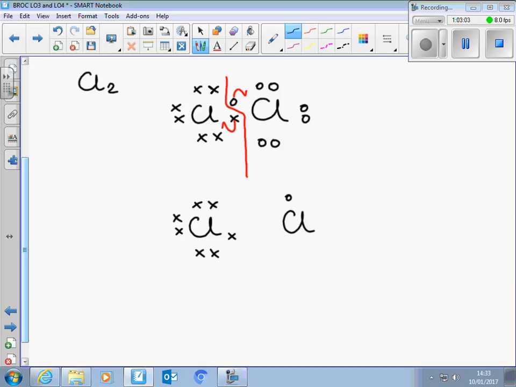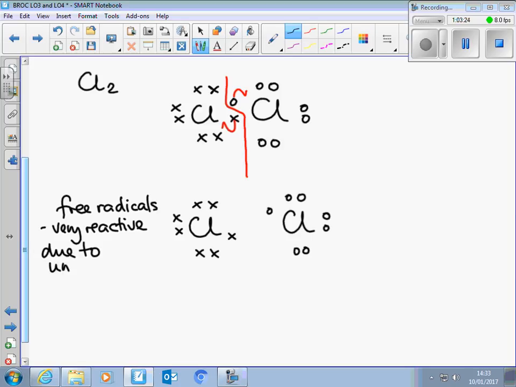This one, similarly, also has an unpaired electron. So these are free radicals, very reactive due to unpaired electrons.